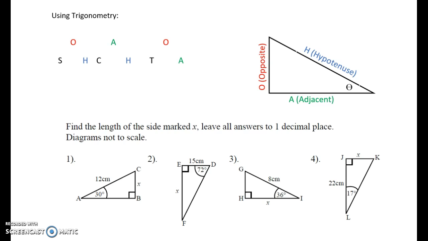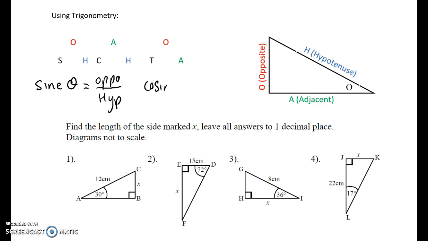At the moment, we have learnt our word SOH CAH TOA. You might want to remember it as some old hens cackle and howl till old age. Now, each of those actually has a very specific meaning. Remember, the S stands for sine of theta. So sine of the angle is equal to the opposite divided by the hypotenuse.